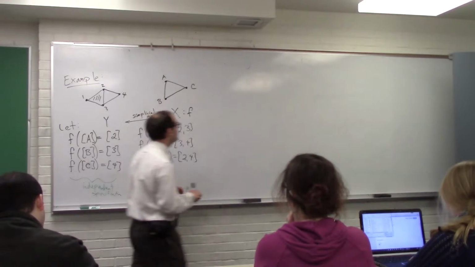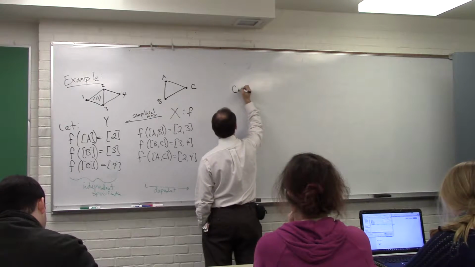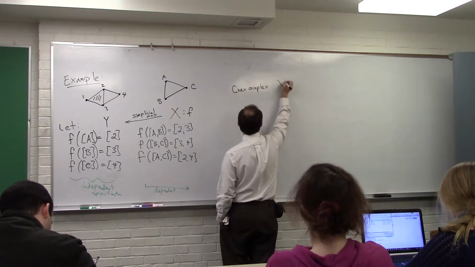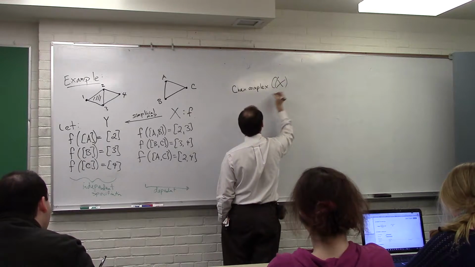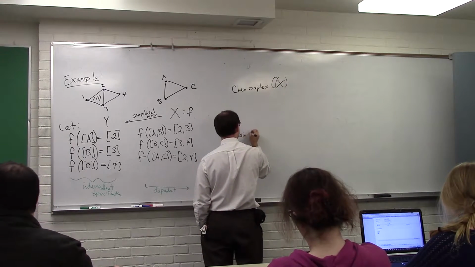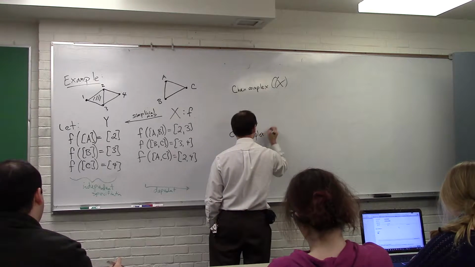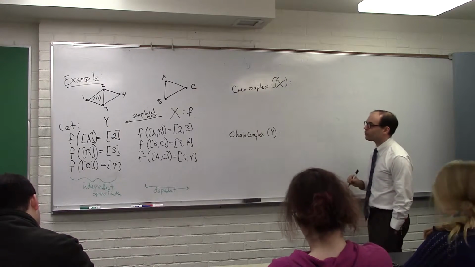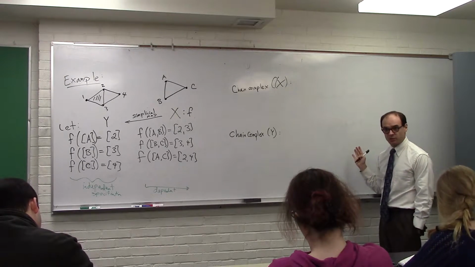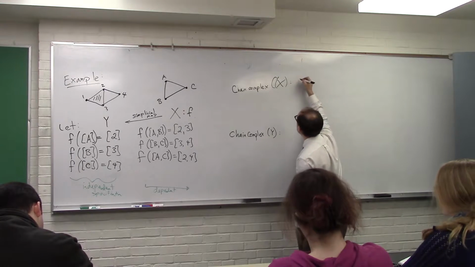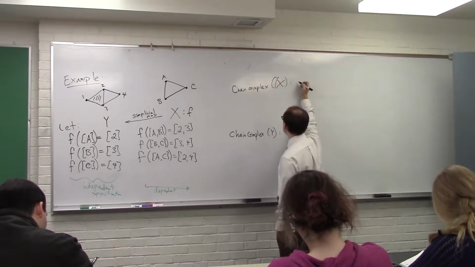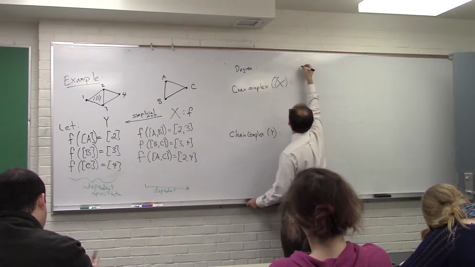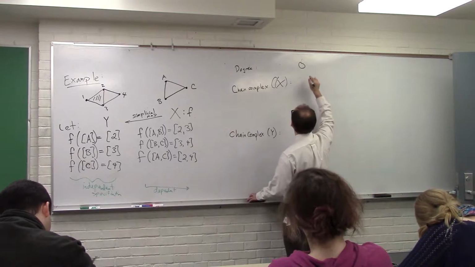Okay, so let me specify the chain complex for X. Let me specify the chain complex for Y, and let's see what happens. The chain complexes for X and for Y initially don't have anything to do with one another. So I start off with C0. In fact, what I'll do is I'll put the degree up top for you. In degree 0, these are the C0s.